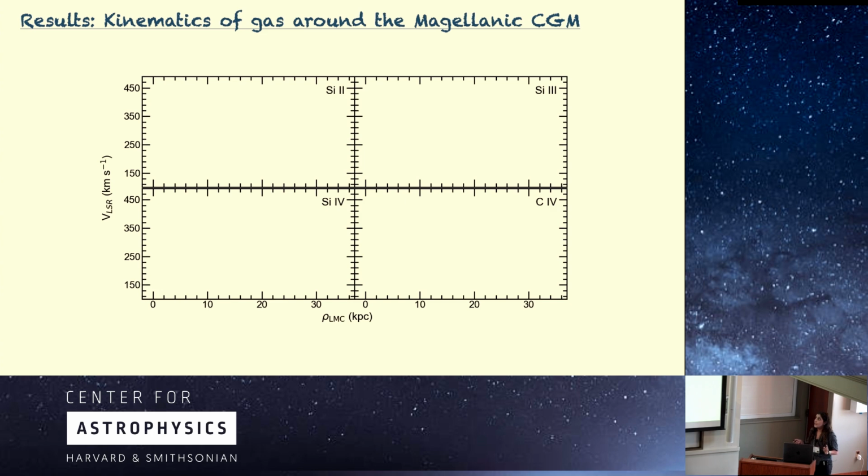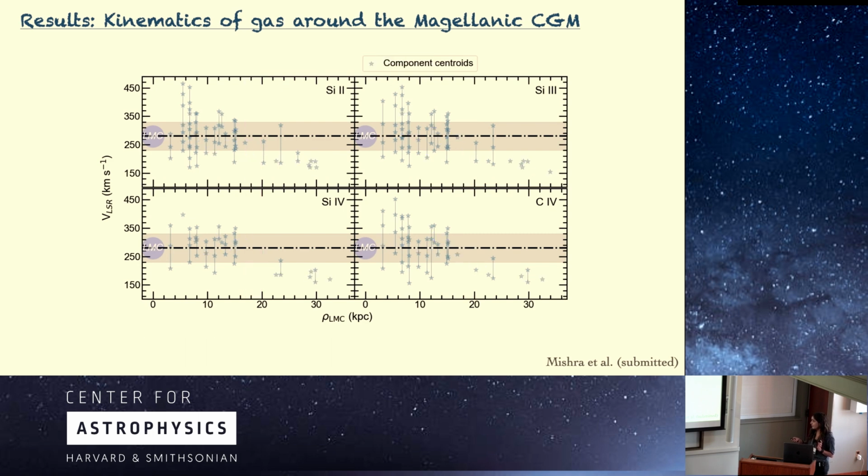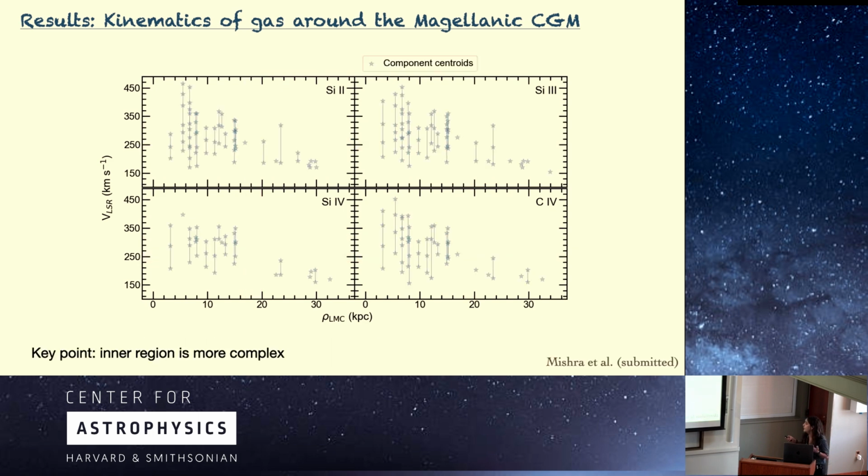Next, we explore the kinematics of this diffuse gas around the LMC. To do that, we plot the velocity centroid distribution as a function of impact parameter. We are only showing 4 ions, but our results are consistent for all the other ions. We chose these 4 ions because they represent gas of different phases.